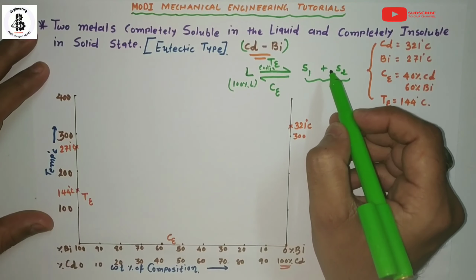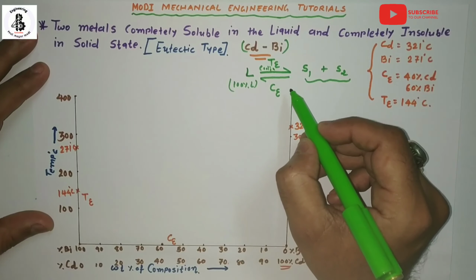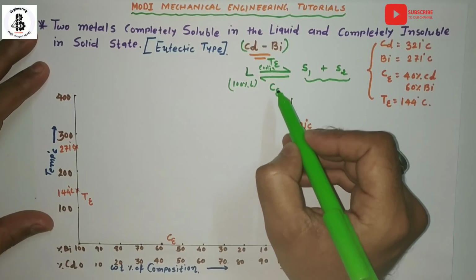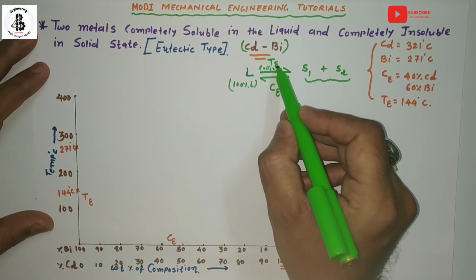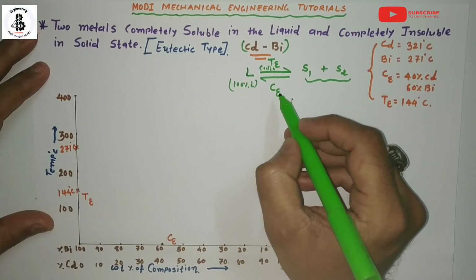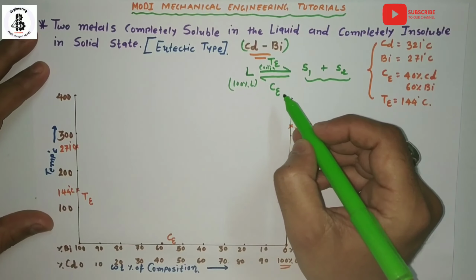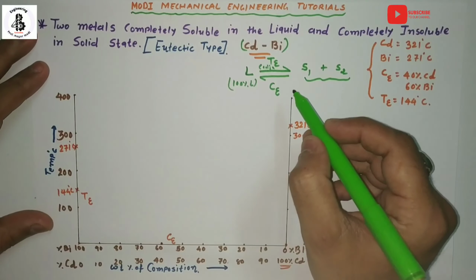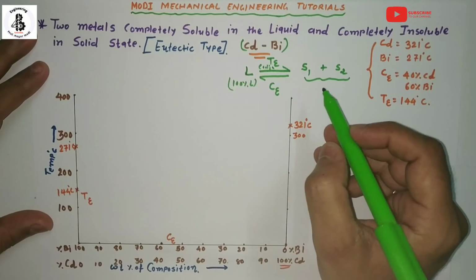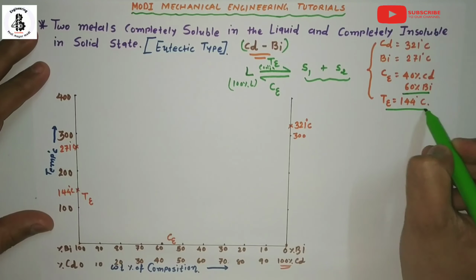This reaction is known as the eutectic reaction, and at the specified eutectic temperature and eutectic composition, they intersect at one point, which represents the eutectic point. So let's plot the eutectic point according to the given eutectic composition and eutectic temperature.